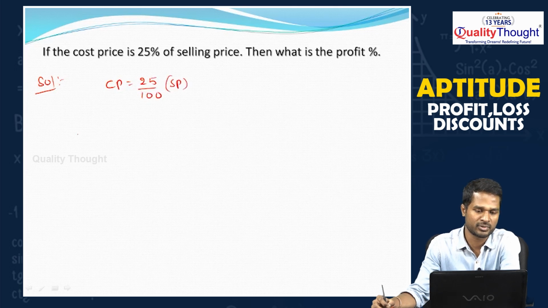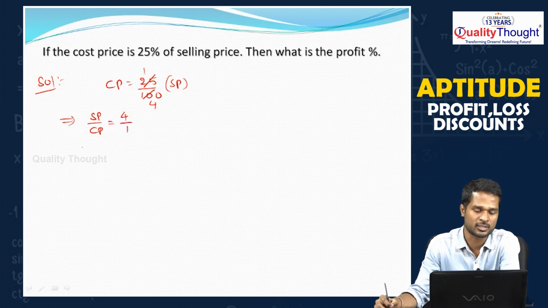Just write the equation from the given question as it is. So, 25 by 100 is 1 by 4. Take this cost price to the denominator: selling price by cost price is equal to 4 by 1.